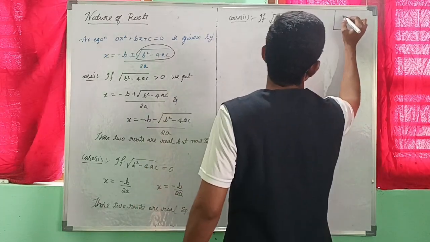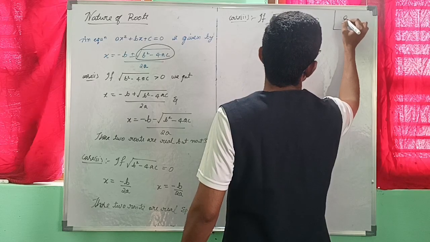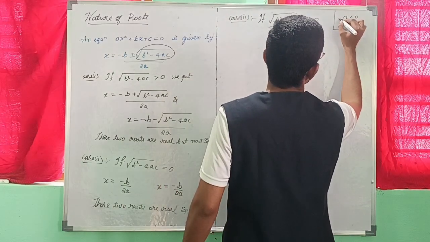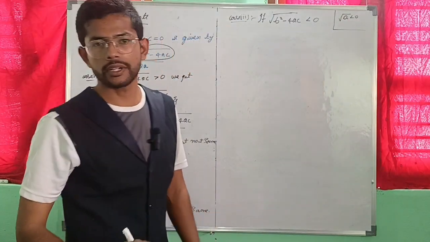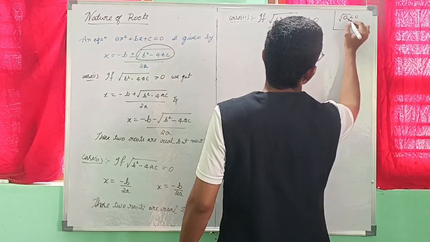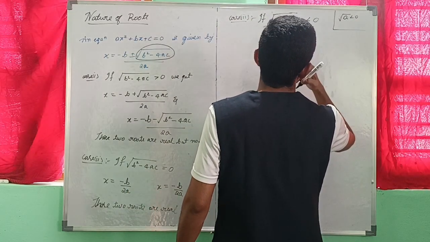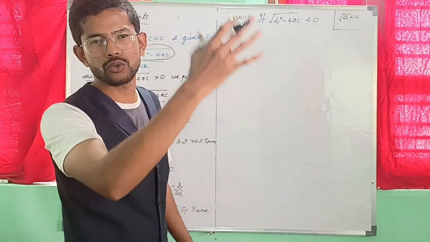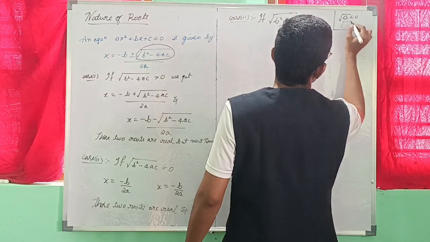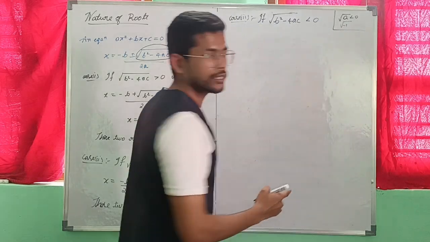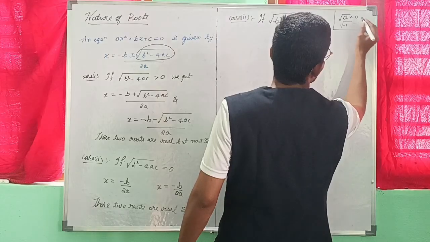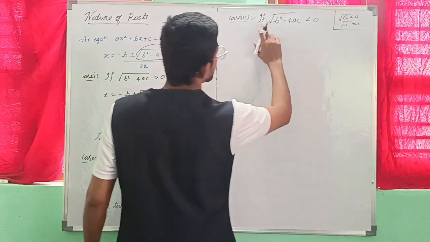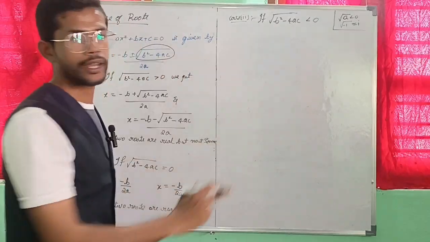Let us understand: when a is less than 0, let's take root of a number less than 0, such as minus 1, minus 2 or any number. Let's take minus 1. What is root minus 1? It is imaginary, which is equal to i.